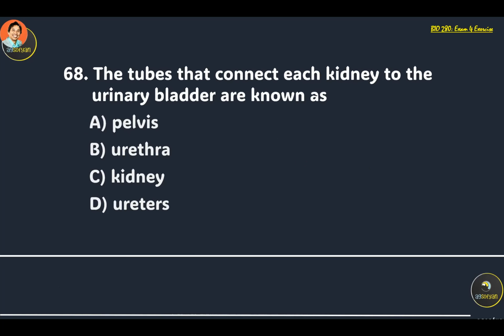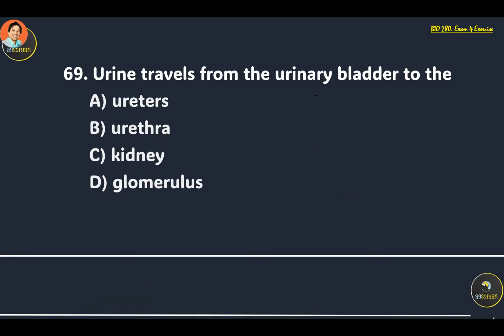The tube that connect each kidney to the urinary bladder are known as, we already mentioned that, which is the ureters. Urine travel from the bladder to the, it's again kidney, ureter, bladder, okay, bladder.